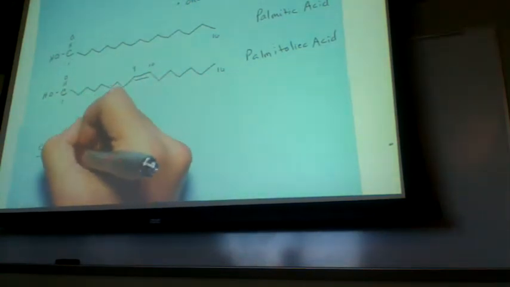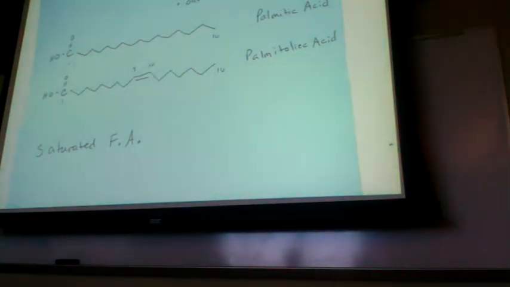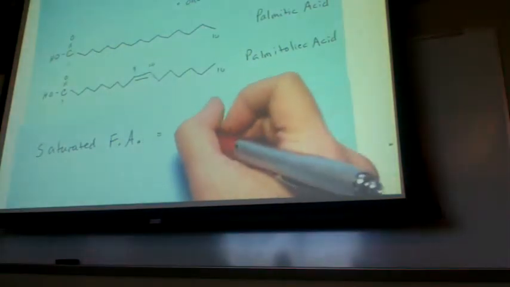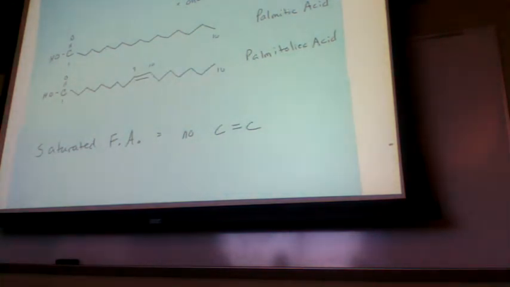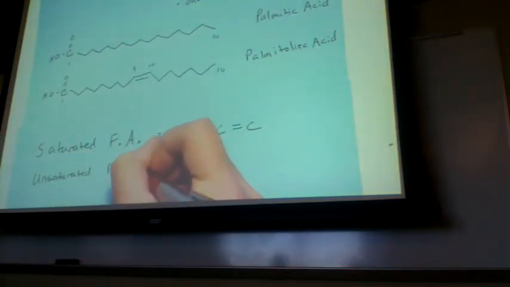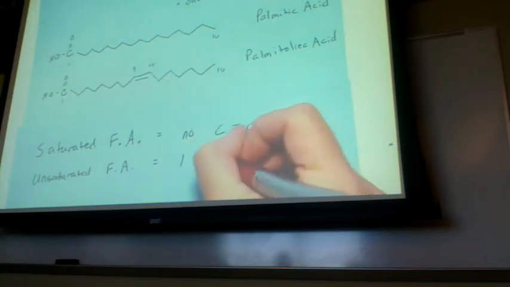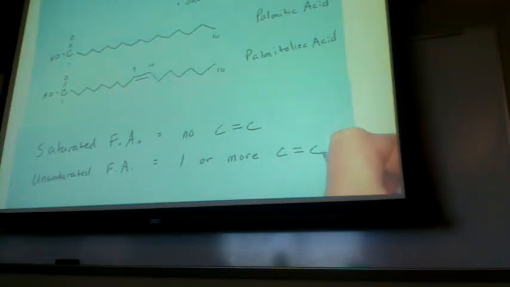If you have a saturated fatty acid, and I'm going to start abbreviating fatty acids, okay? That means we have no carbon-carbon double bonds in it. So it's the highest ratio of hydrogen to carbon that you can have, so all carbon-carbon single bonds. If you are an unsaturated fatty acid, then you have one or more carbon-carbon double bonds.